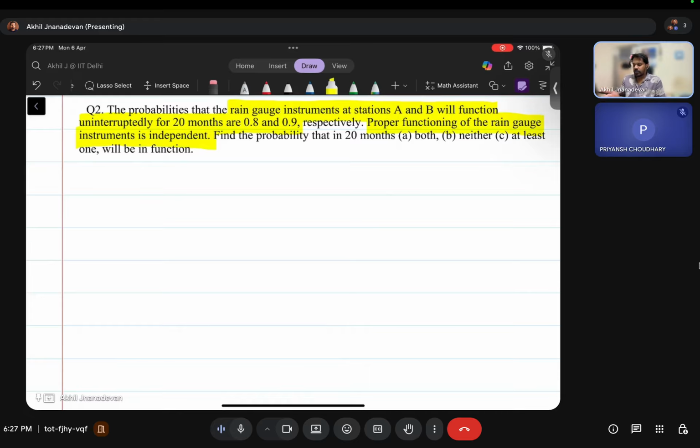If A fails, it doesn't mean that B will fail. They are not connected, they work independently. So they're independent.